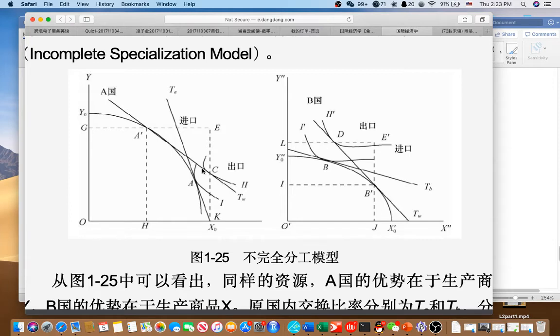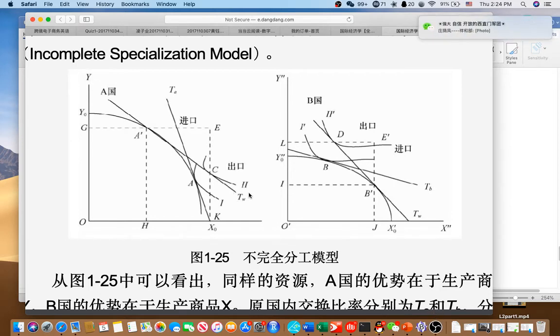That's decreased because the slope becomes smaller, decreasing from TA to TW.